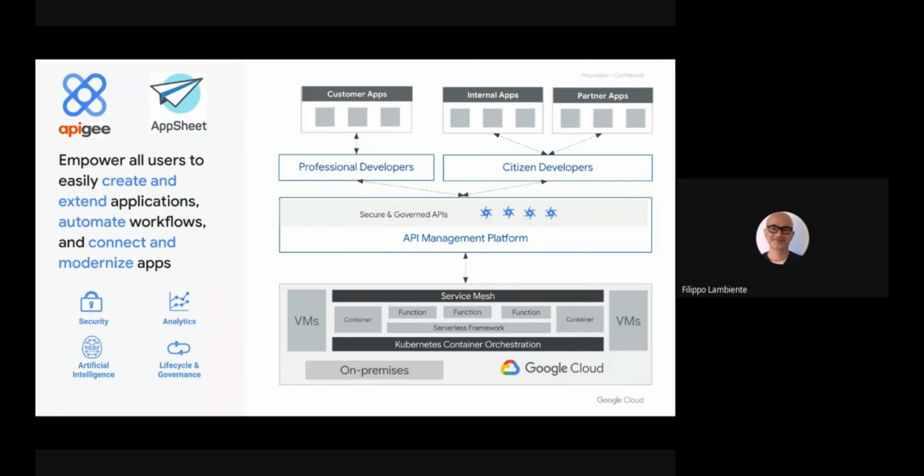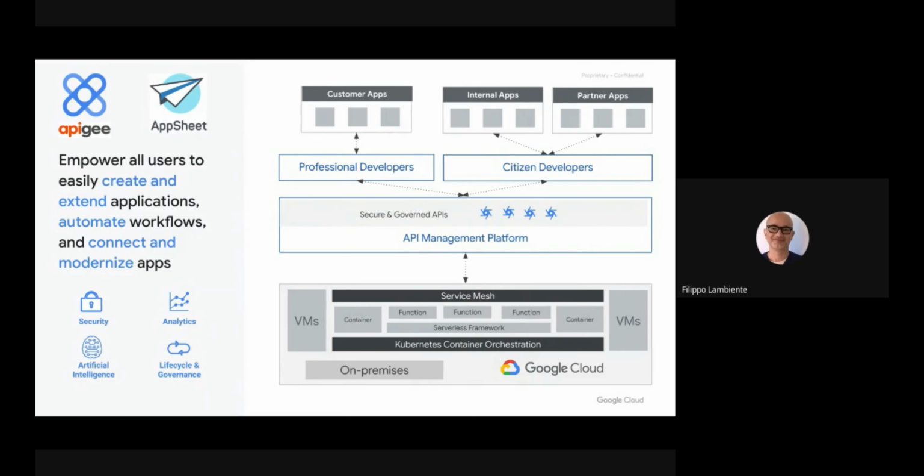It targets mainly the citizen developer, not the professional developer who can use more sophisticated code, but citizen developers who are focused on a business domain rather than the technology. Thanks to AppSheet, they are able to create a lot of applications that simplify the day-to-day activities of these business users.